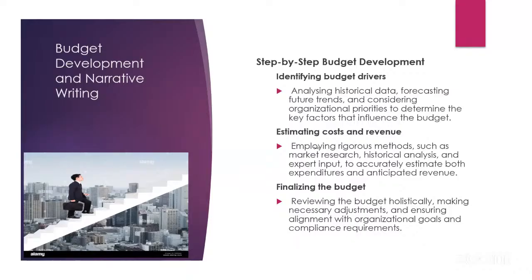So if you check the trends here, the issue of making the budget aligned with the organizational goal and compliance with the requirements is continuously recurring in the process of developing a budget, which means that it is a very important factor to consider when you are doing a budget.